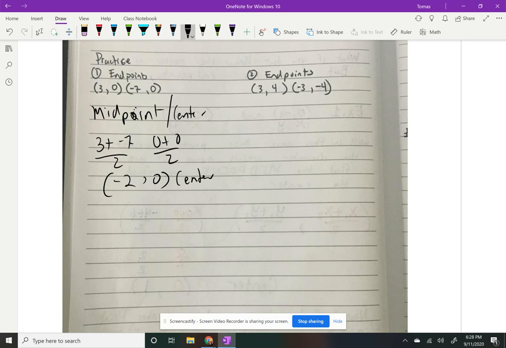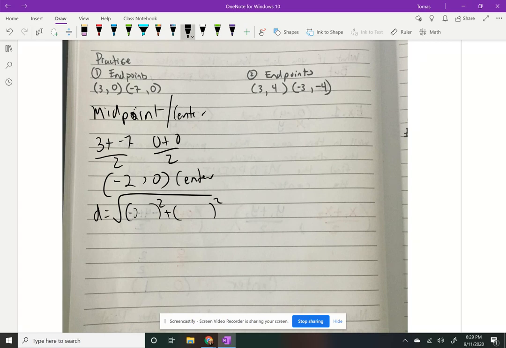So now to find the radius, I pick my center and one of the endpoints. It doesn't matter which one, but I pick one of them. And I use my distance formula. So I'm going to say this is x2.